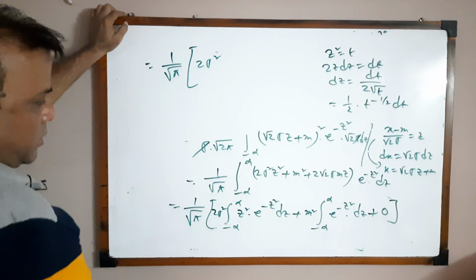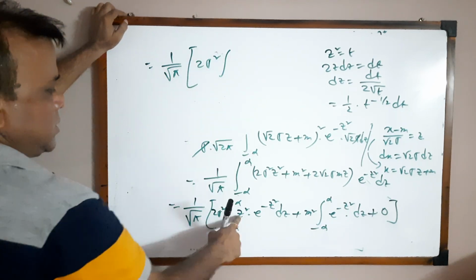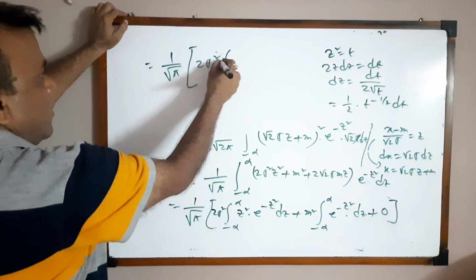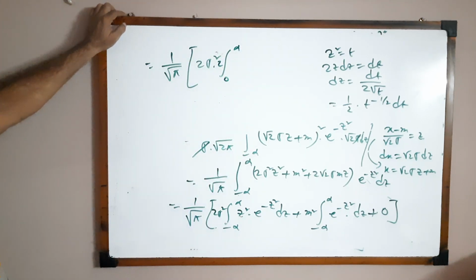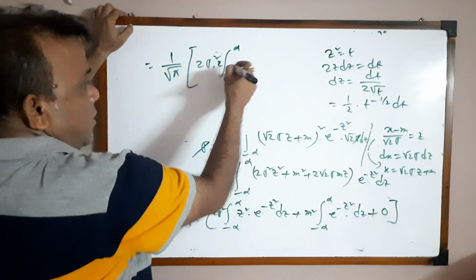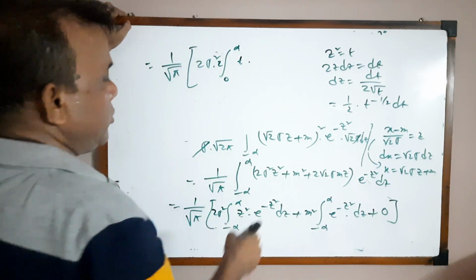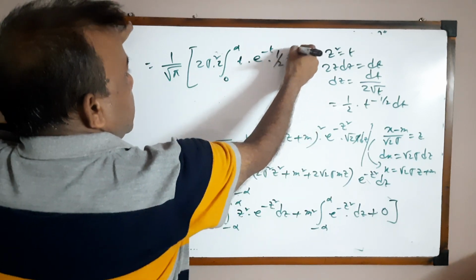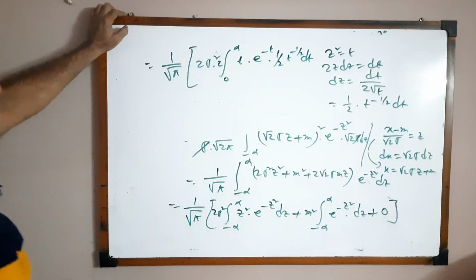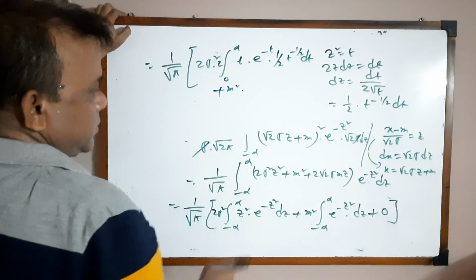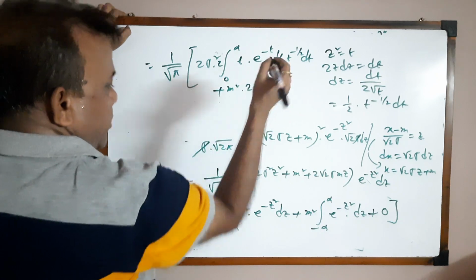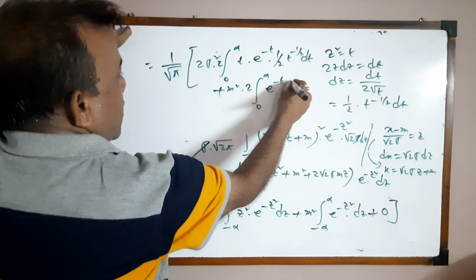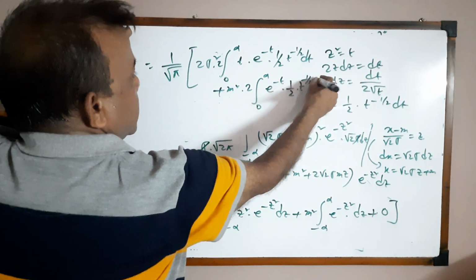1 by root pi, 2 sigma square integration. As it is an even function, we can write this as 2 into 0 to infinity, z square, means t, into e to the power minus t into half t to the power minus half dt, plus m square, 2 into 0 to infinity e to the power minus t, half t to the power minus half dt.